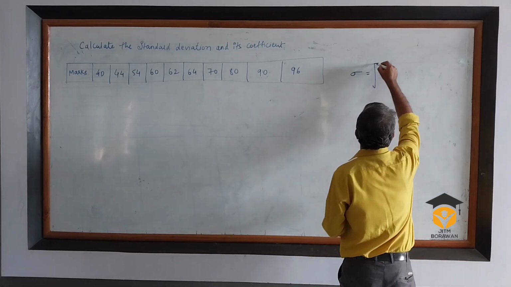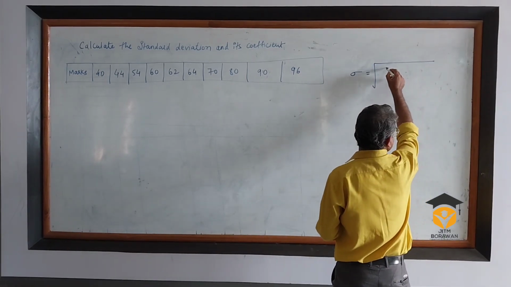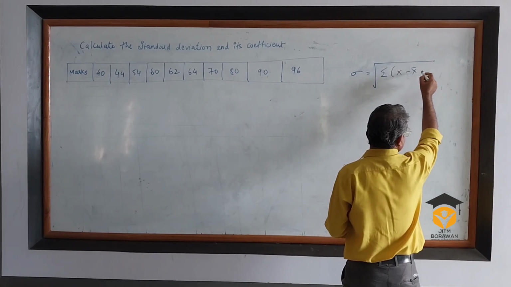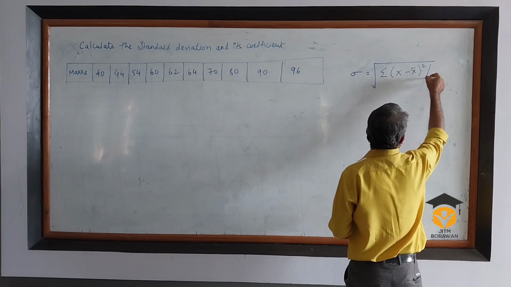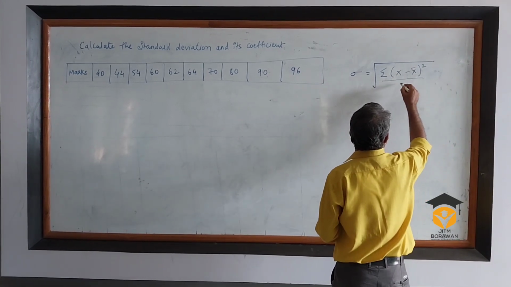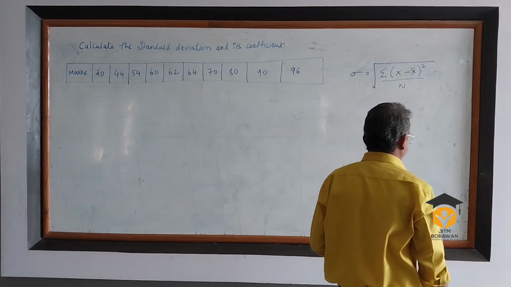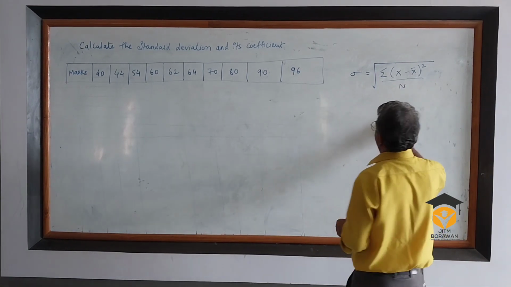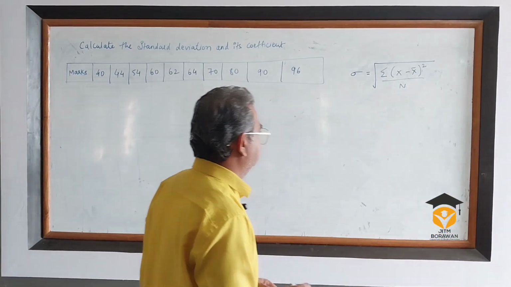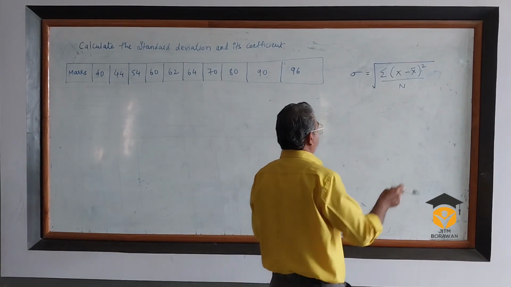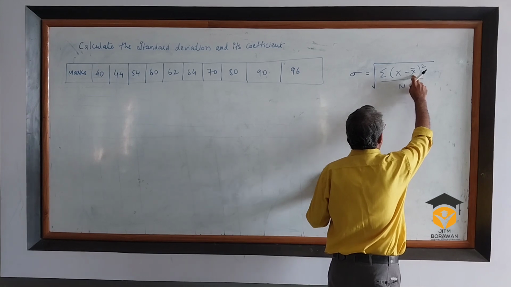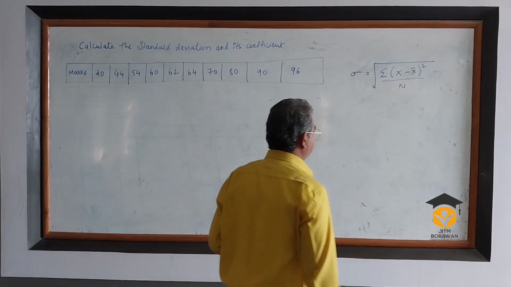Sigma equals the square root of summation (x minus x bar) whole square, divided by the number of observations. So first we have to find out the arithmetic mean, because in this formula we have the arithmetic mean, and we also have the number of observations.